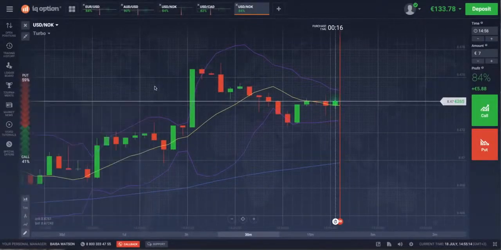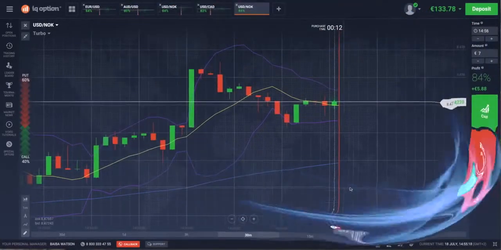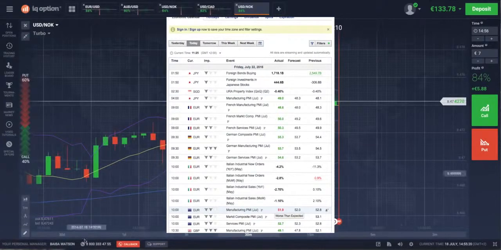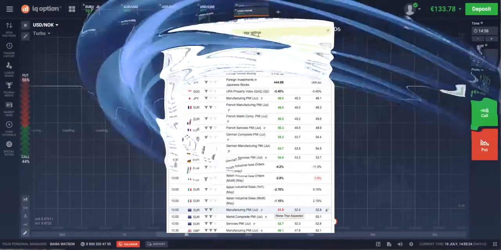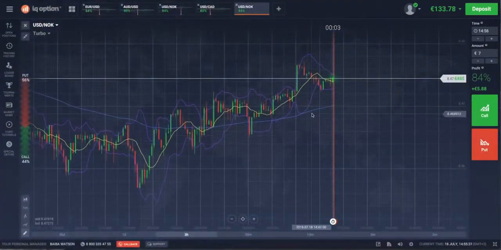Okay, so as usual you have to check the economic calendar to see the trend, but you can check the trend also zooming out and looking at the moving average.